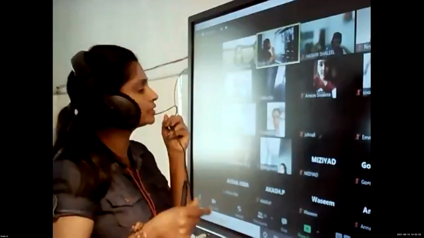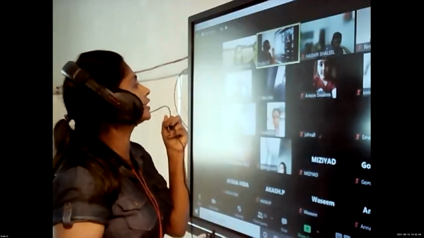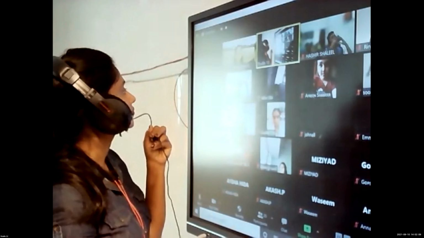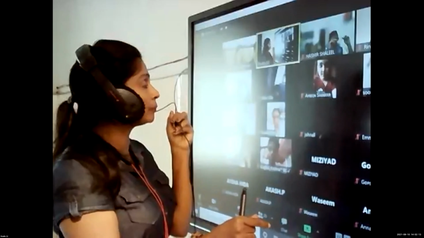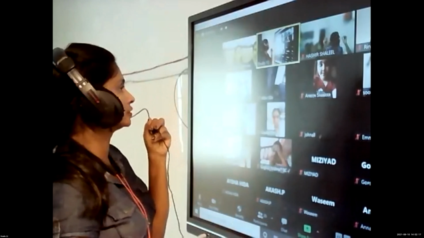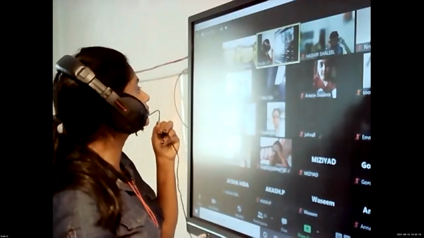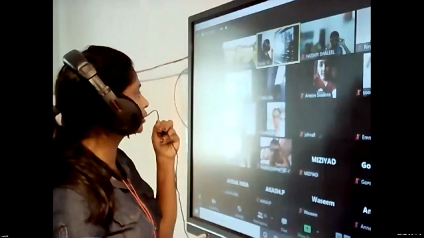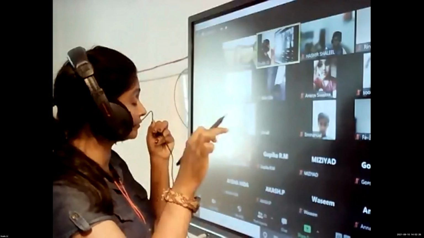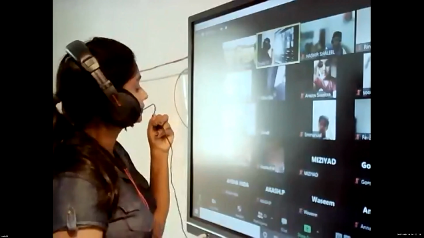The person of the political party who has won the maximum votes will become the MP or MLA. MP means Member of Parliament. What is the full form of MP? Member of Parliament.